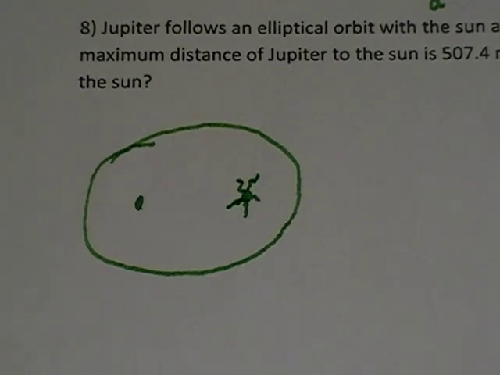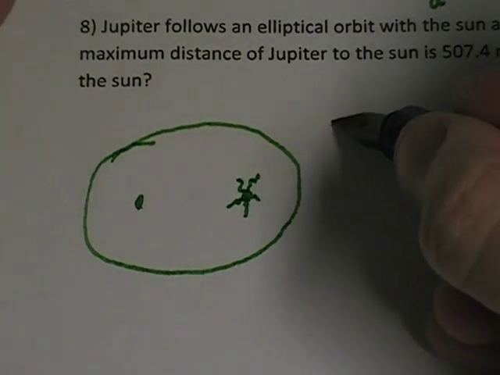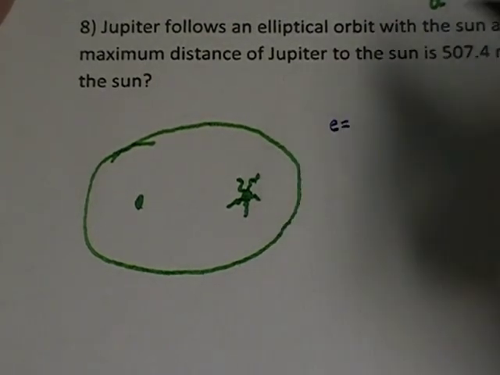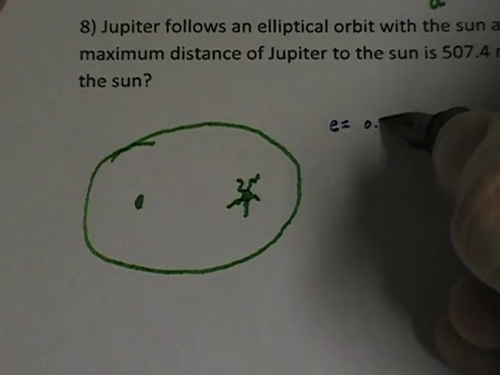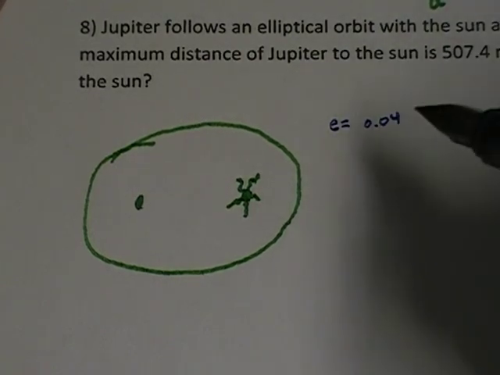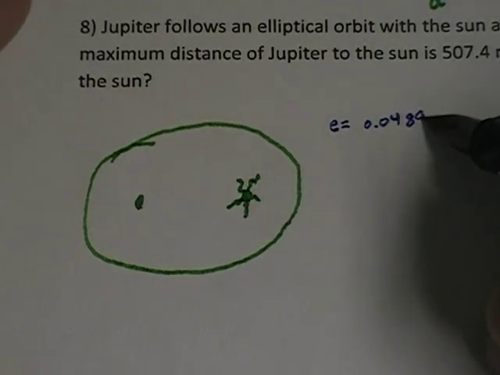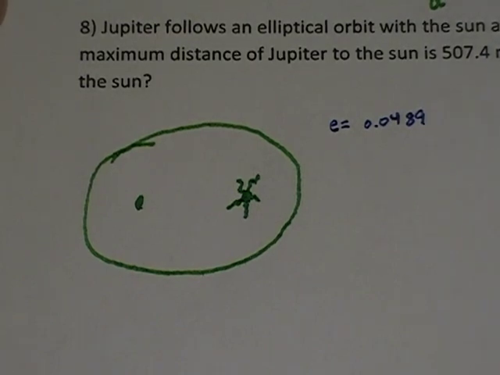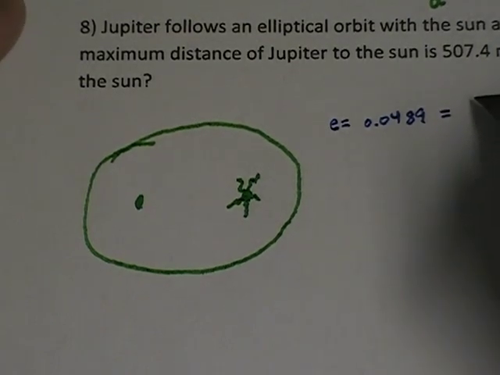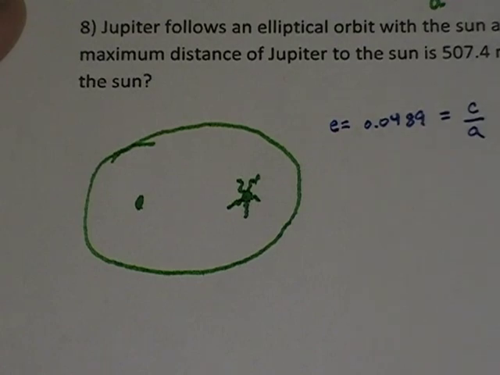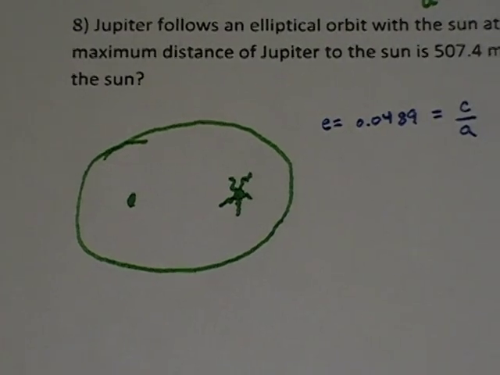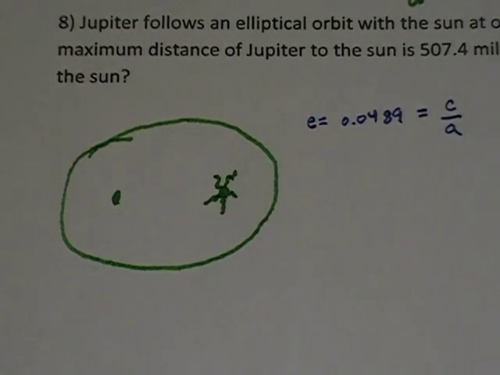And basically, they've given me some information. They told me the eccentricity is 0.0489, which we know is equal to C over A. Okay? So they've given me that.